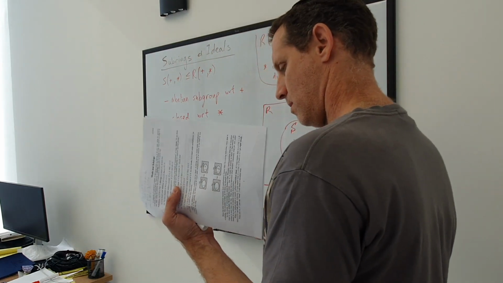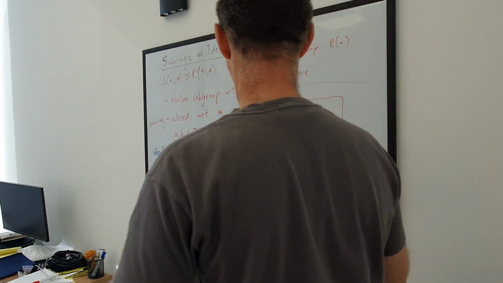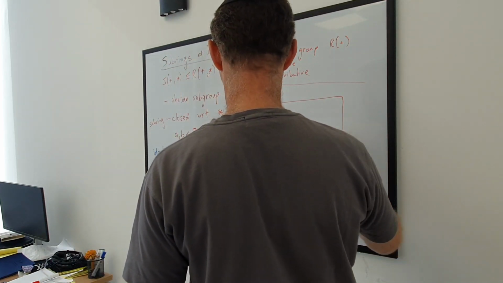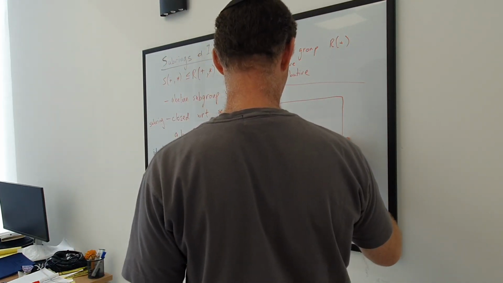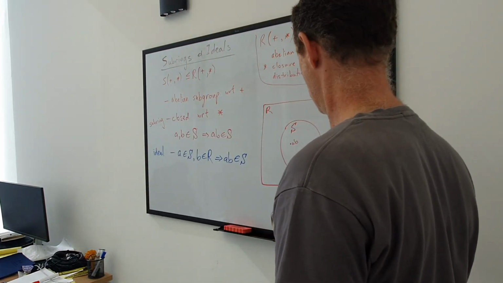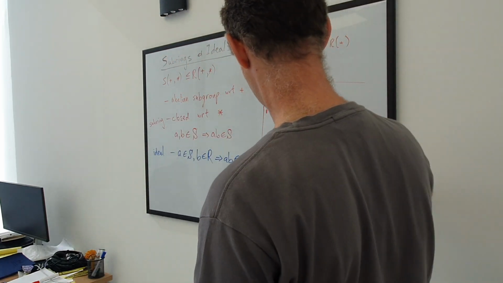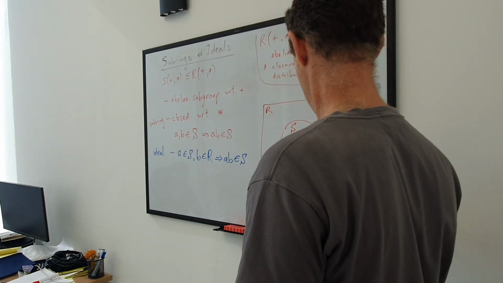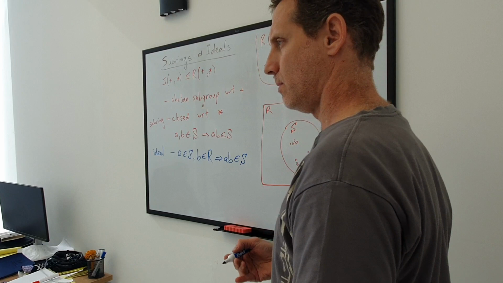But for an ideal, we'll follow the same idea: B would be any point in here, and it's enough that just one of the points is in S, and the multiplication maps back to S.